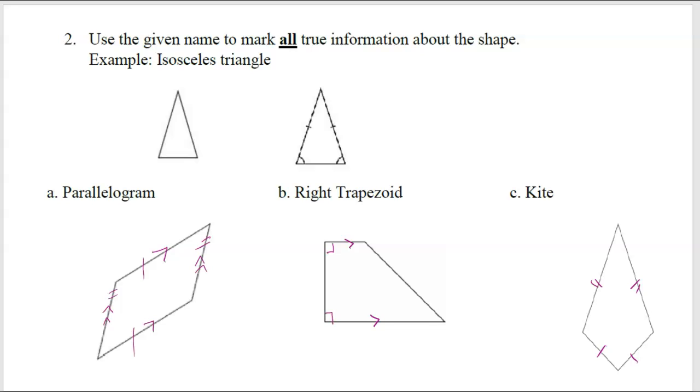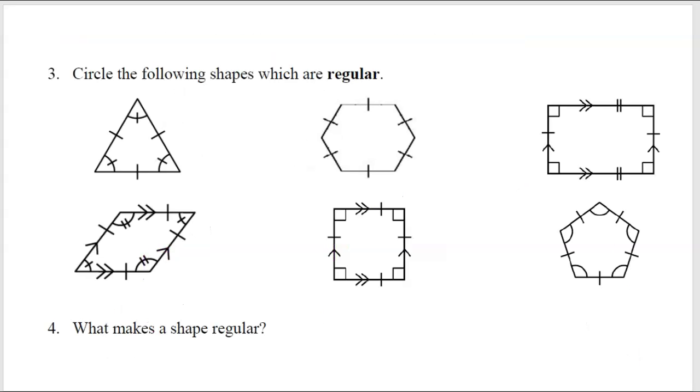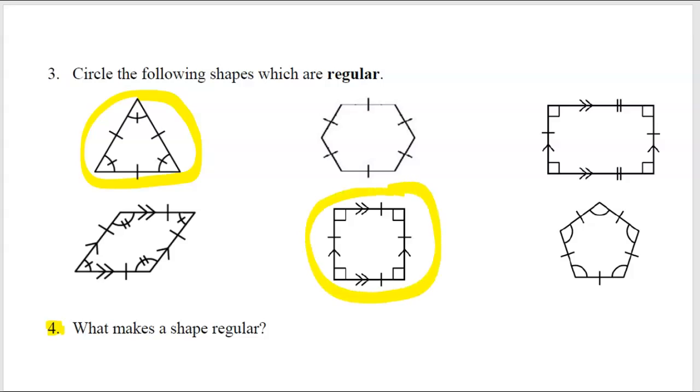And finally, the last question that I talked about in class was this one. Okay, so I want you to think about which of the shapes are regular. Okay, and we're going to circle them right now. And I want you then to pause the video and answer number 4, what you think makes a regular shape. So you're going to circle this one, and you are going to circle this guy.